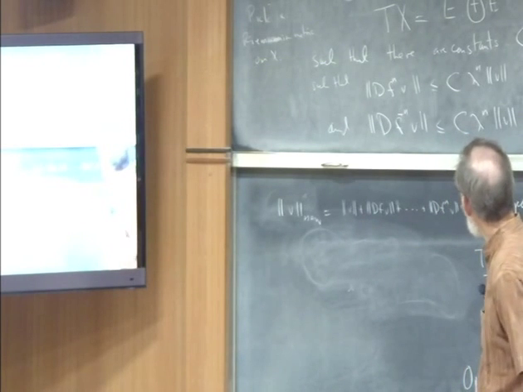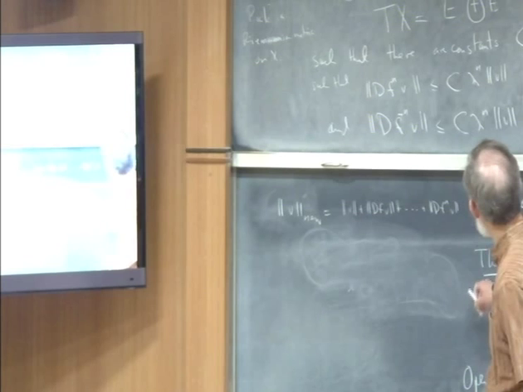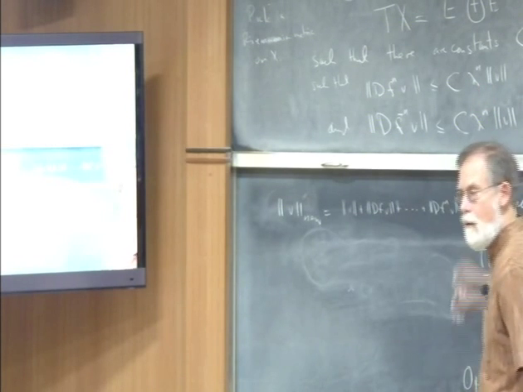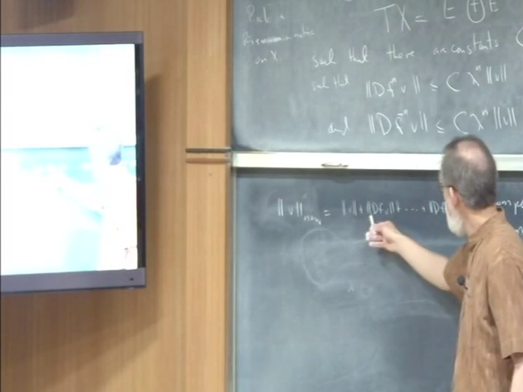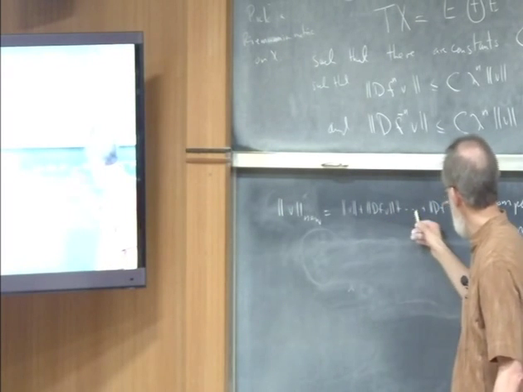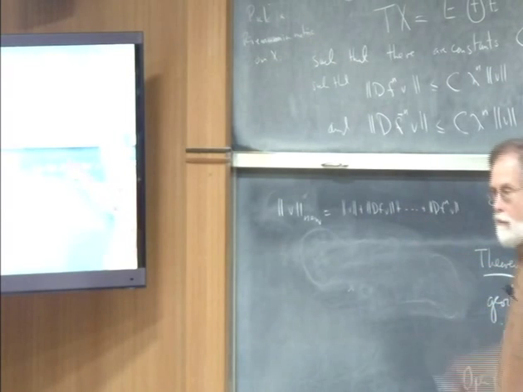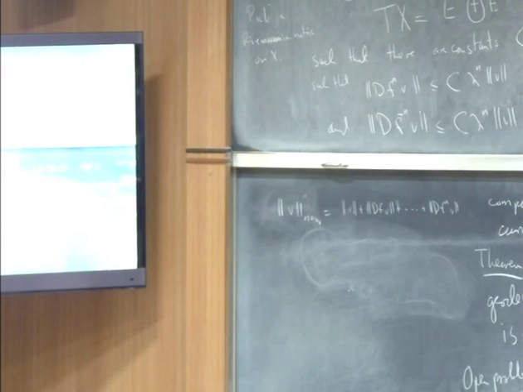And I think you're supposed to put some factor, like lambda to the k in the kth term, or lambda to the minus k. I can't quite remember which, but you can do something like that.